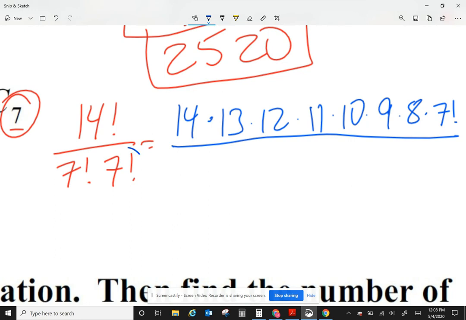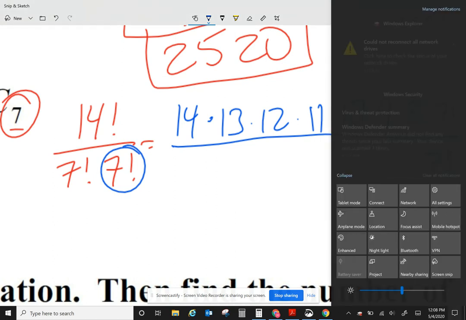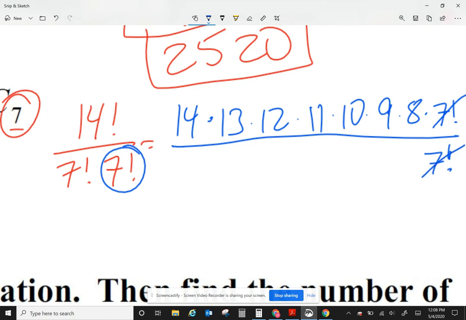Over, I notice here at the end I have a 7 factorial, and that's the reason why I stopped my fraction at 7 factorial, because I knew those two were going to be able to cancel out. Good. Now I still have this other 7 factorial. What does that mean? It means 7 times 6 times 5 times 4 times 3 times 2 times 1.